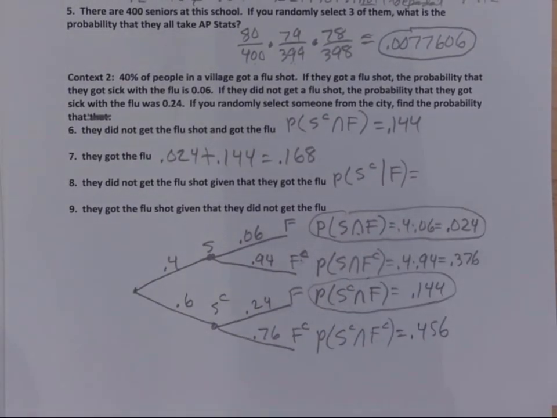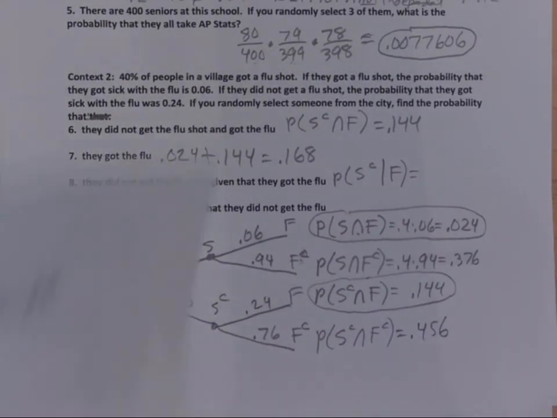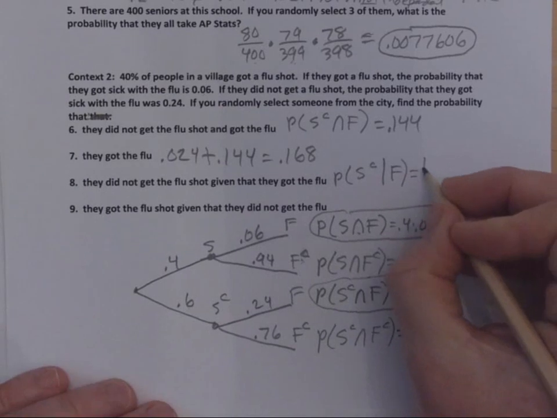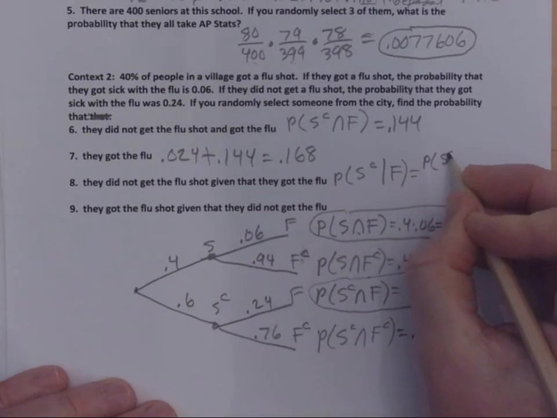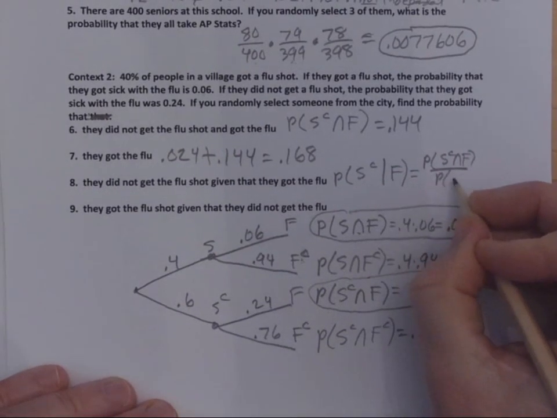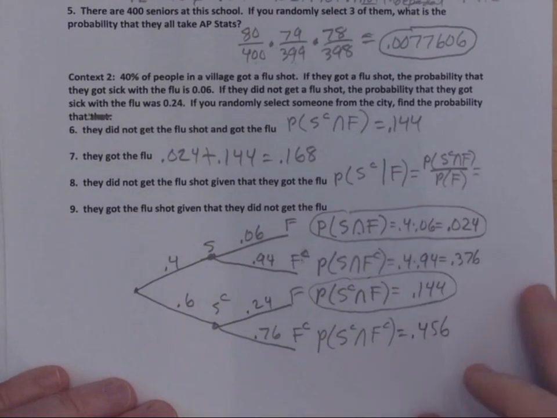Well, that goes back to our old friend, the conditional formula. A given B is A and B over the probability of B. So this is just going to be equal to the probability of not getting the flu shot and flu over the probability of flu.